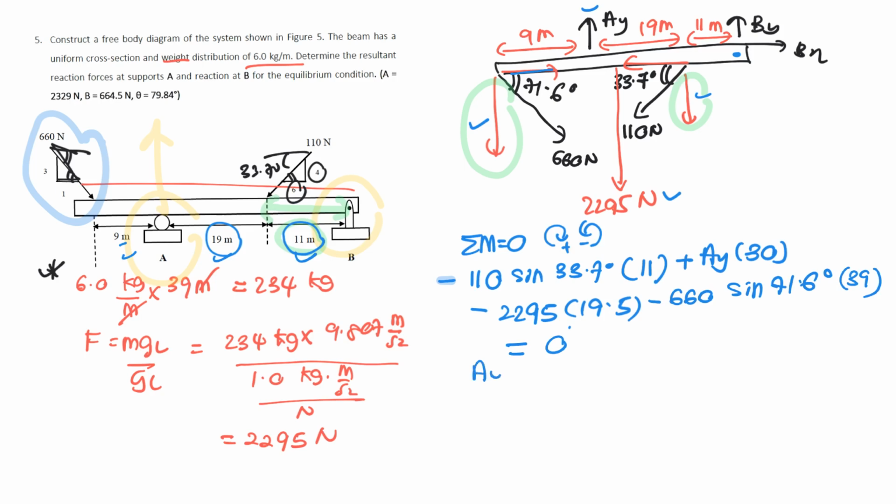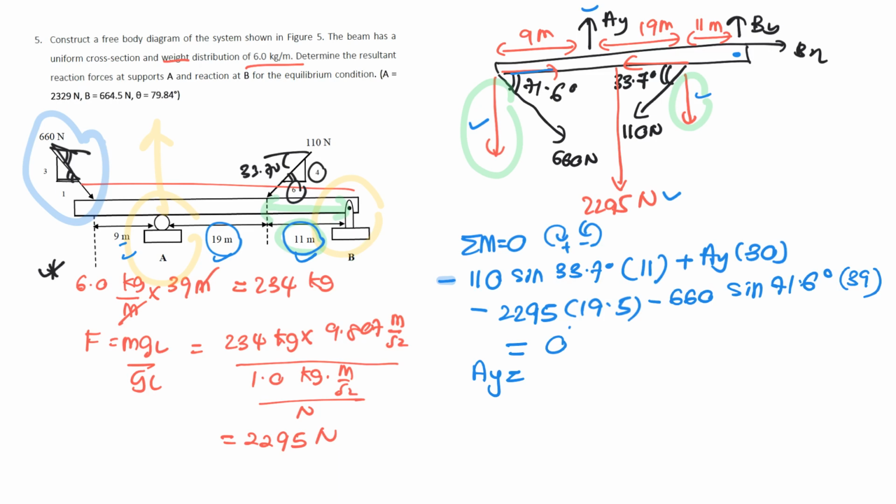So right now, find AY. You are going to get 0 equals negative 110 sine 33.7 times 11, plus AY times 30, minus 2295 times 19.5, minus 660 sine 71.6 times 39.